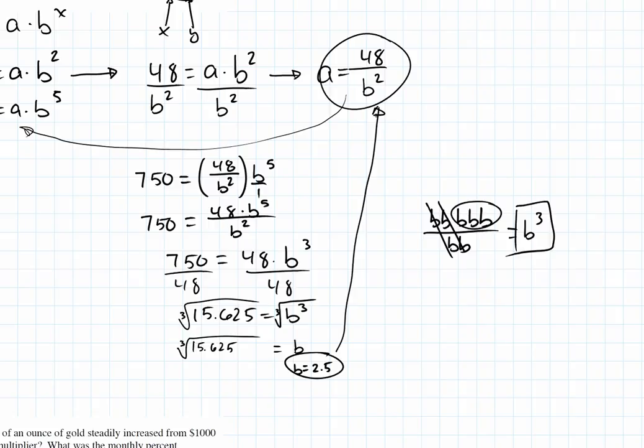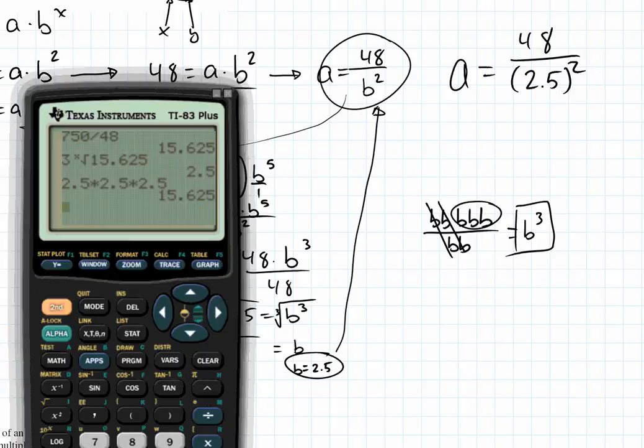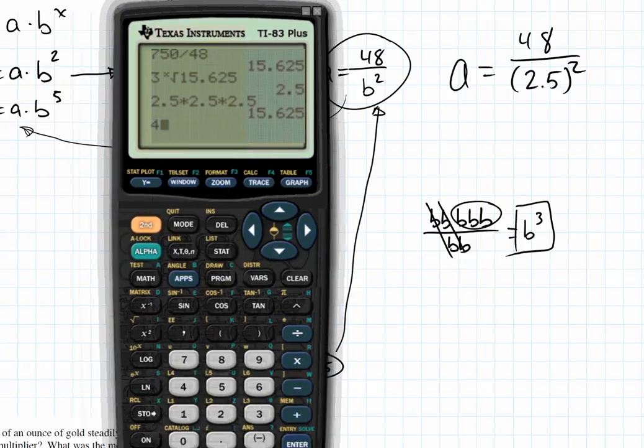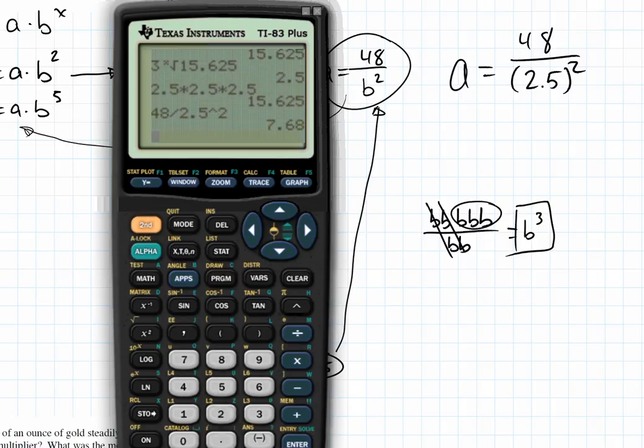So a is equal to 48 divided by b squared, except for the fact that I know b is 2.5, so I'm going to go ahead and write 2.5 here and square that value. Again, I bring my calculator over, and I want to take 48 and divide that by 2.5 to the second power, and that gives me 7.68. So a equals 7.68.